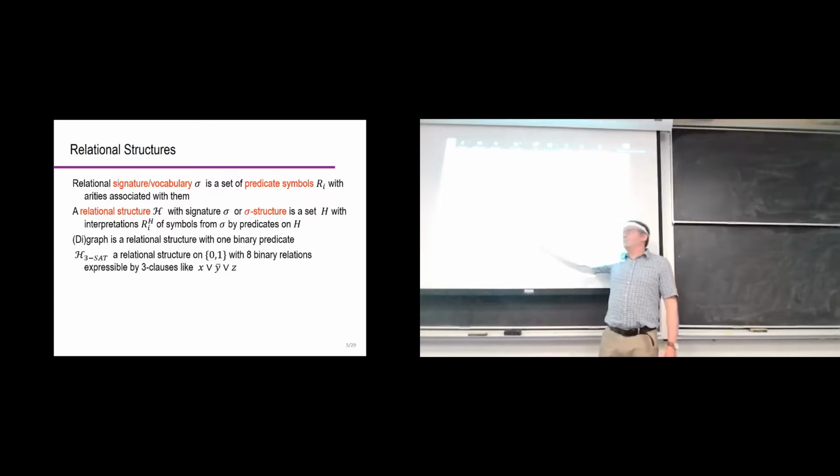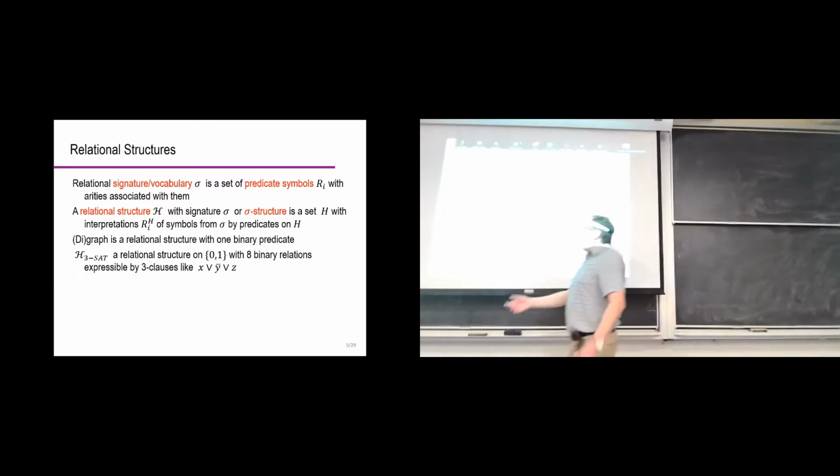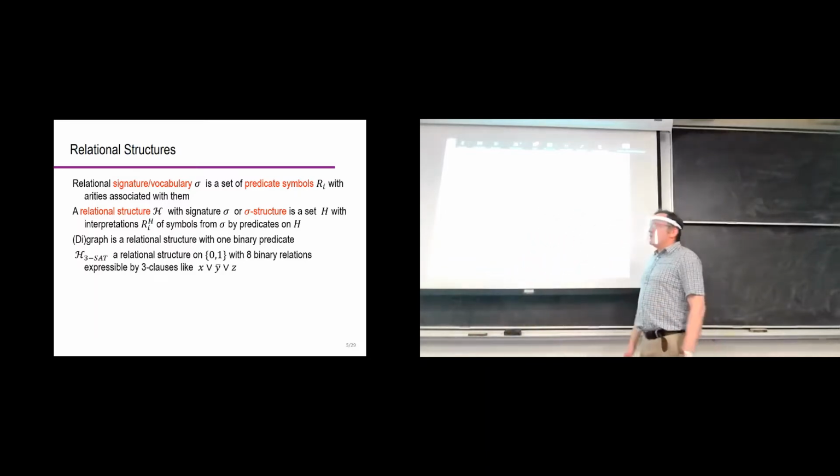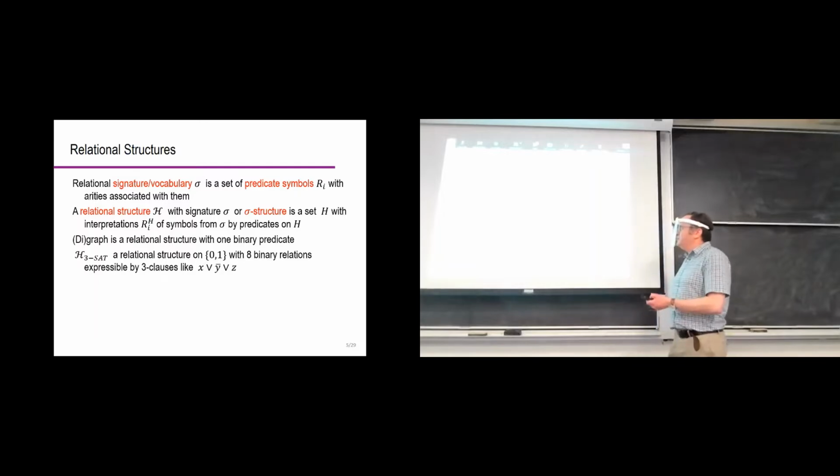There are 8 possible assignments, 7 of them satisfying. So every such relation would include 7 assignments but leave out 1. So 8 possible assignments, 8 possible relations. In this case, I will say that this is some relational structure H3, and I will say why in a minute.